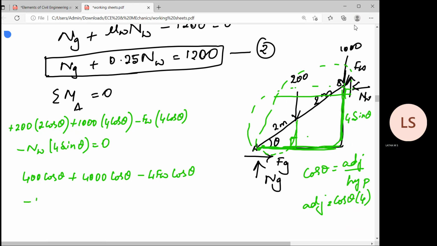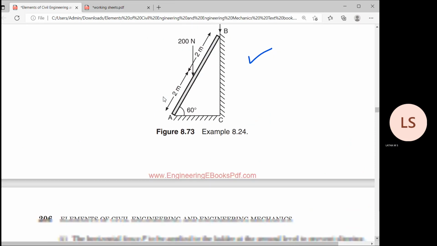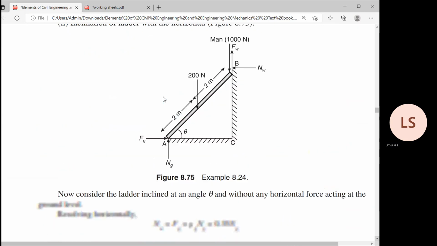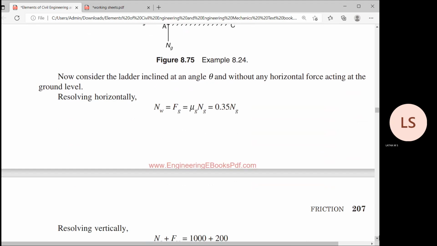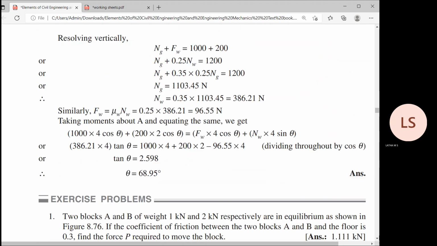Minus 4 Nw sin theta equals 0. That is how you get it here also, the same value.